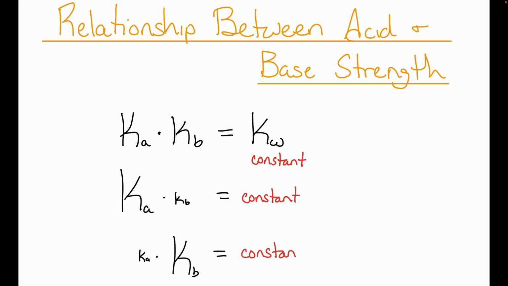Because again, when we multiply them together, they have to equal that same constant value. So what we'll see is there's this inverse relationship between the strength of an acid and the strength of its conjugate base. So let's just do some simple examples here. We're going to make a little table. This will be good practice for our conjugate pairs. I'm going to put down some acids, and you're going to give me their conjugate bases.